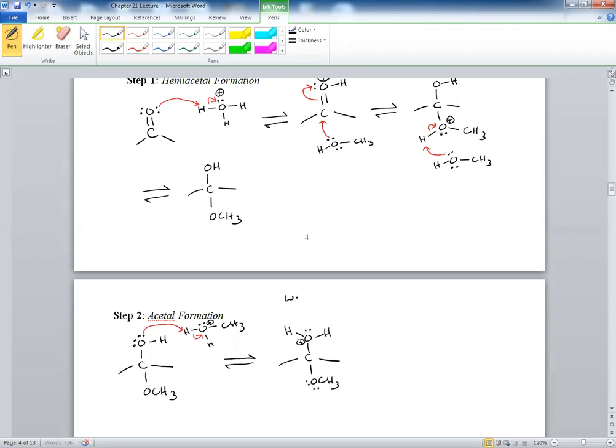So water is a great leaving group. Therefore, the mechanism is that these electrons on the OR group, the OCH3 group, come down, and then the water is kicked out. It leaves.